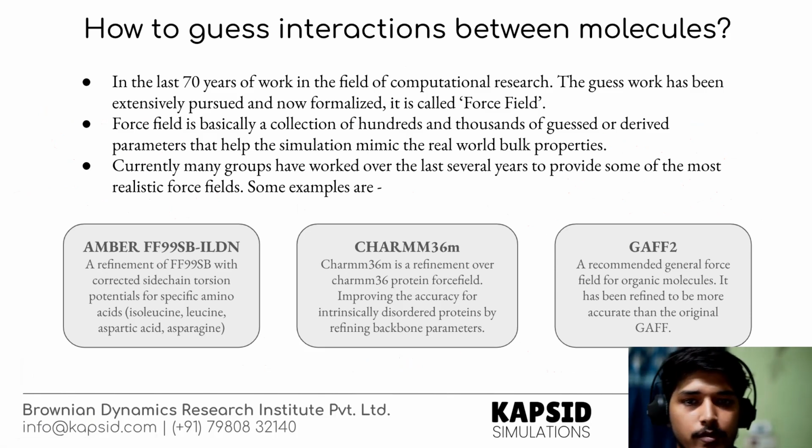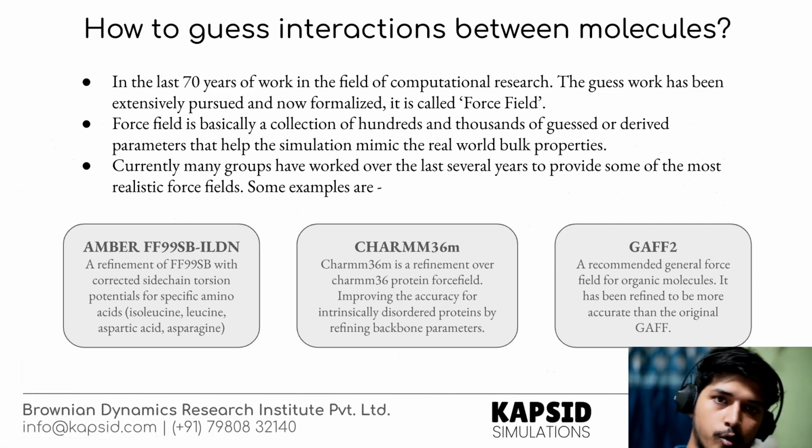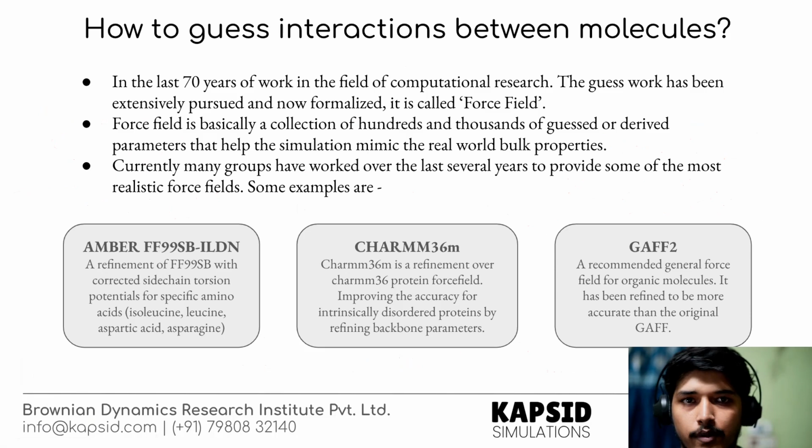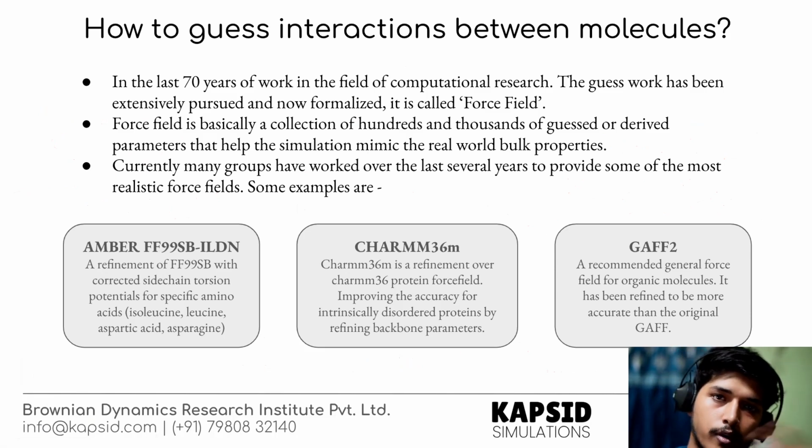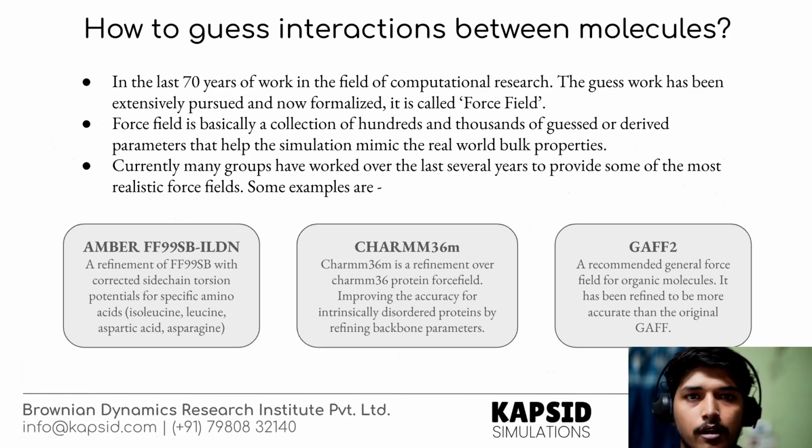There are better ways to describe two particles interacting with each other in a non-charged environment, right? We'll come to that later in the course, not in this video, where we will go through all of these different forms of, let's say, force fields. I think it's the right time that we should start calling them force fields. So what is a force field?